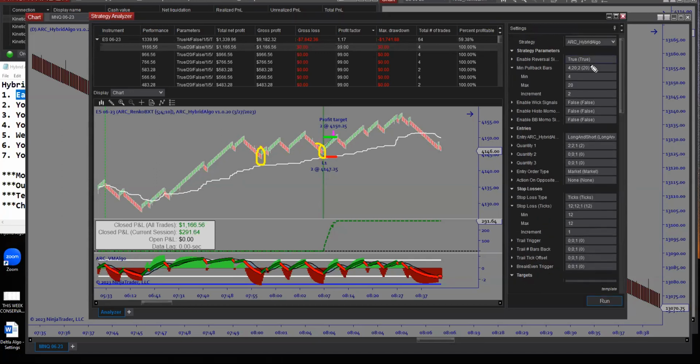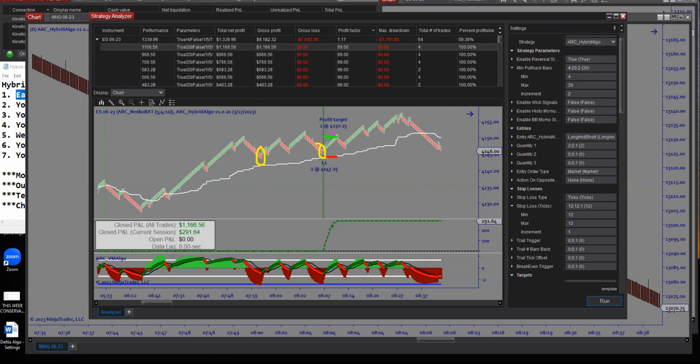Take a look here, 20 bars, and maybe that was 19, right? So you can see where maybe adjusting that, right? Like if I set this to minimum 18, you probably would have got the signal there.